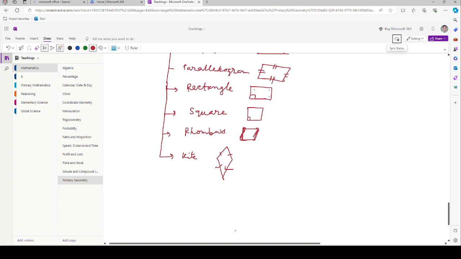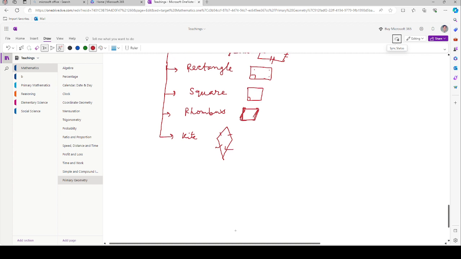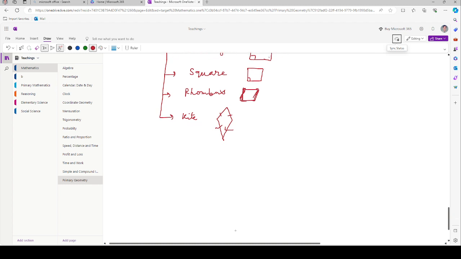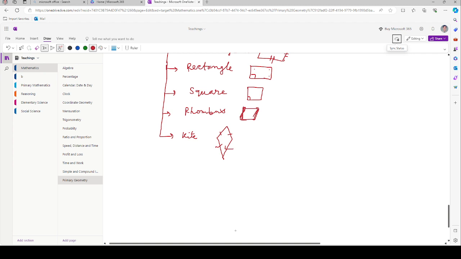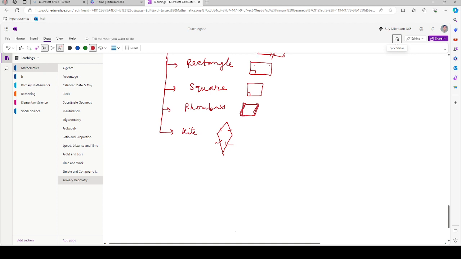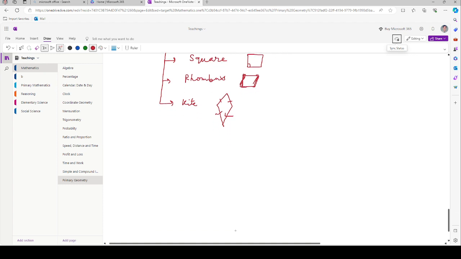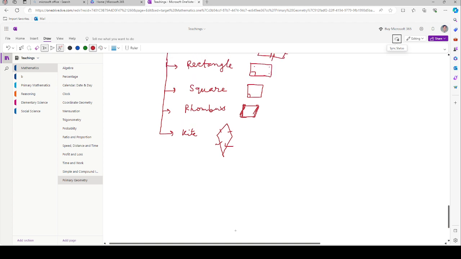If all sides of a rectangle are equal, then this is known as square. When a square has no right angle, then this is known as rhombus. Rhombus is not a square because it has four equal sides, but it has no right angle. When a quadrilateral has adjacent sides equal, then this is known as kite.